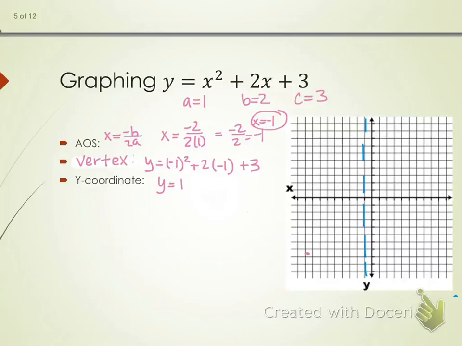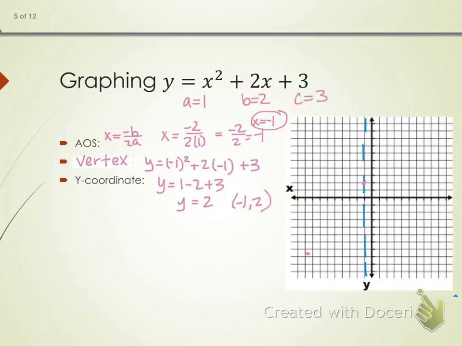Negative 1 squared is 1. 2 times negative 1 is negative 2 plus 3. 1 minus 2 is negative 1 plus 3 is 2. So that point then that my vertex will be at is negative 1, 2. So I go left 1, up 2. So it should be right here.